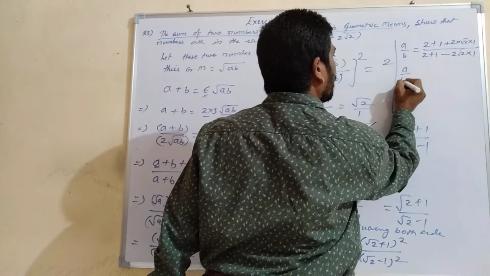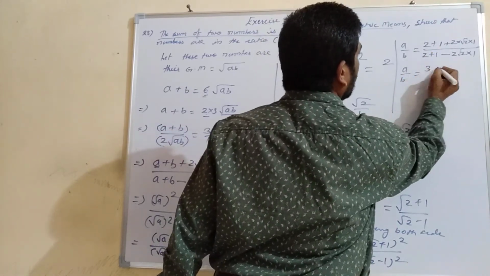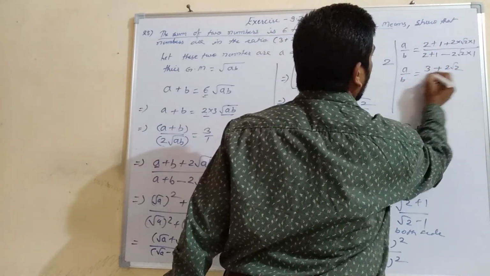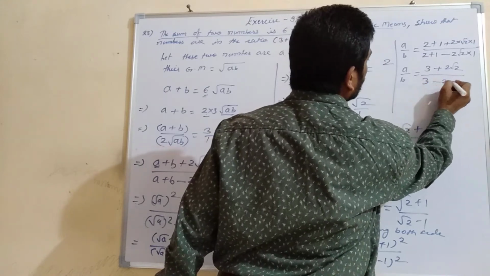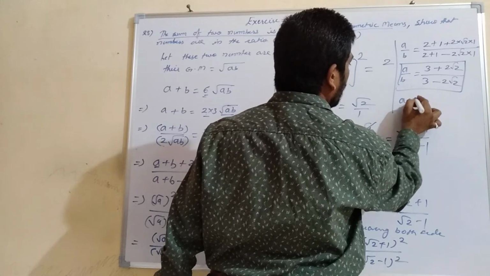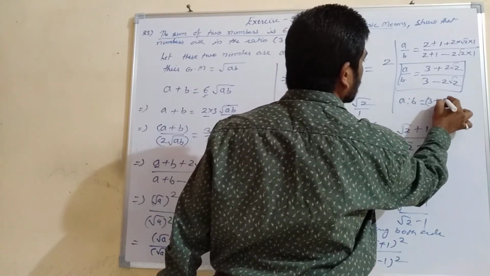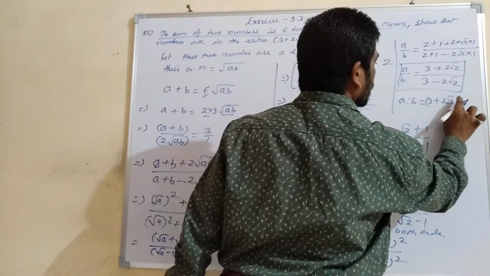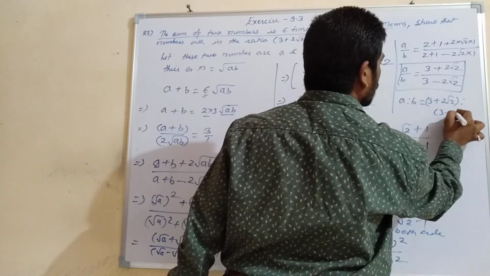So a upon b equals 3 plus 2 root 2 upon 3 minus 2 root 2. This is what we had to prove. So a is to b equals 3 plus 2 root 2 is to 3 minus 2 root 2.